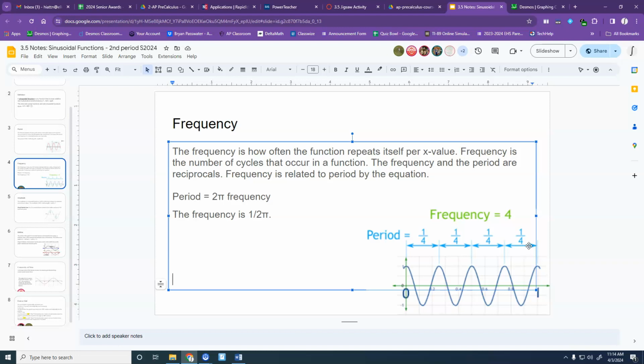So your motor is going through a full cycle 3,000 times in a minute whenever your RPMs is at 3. So that's a frequency. If we graphed where the piston was in the motor, it would have 3,000 little cycles in that first minute.